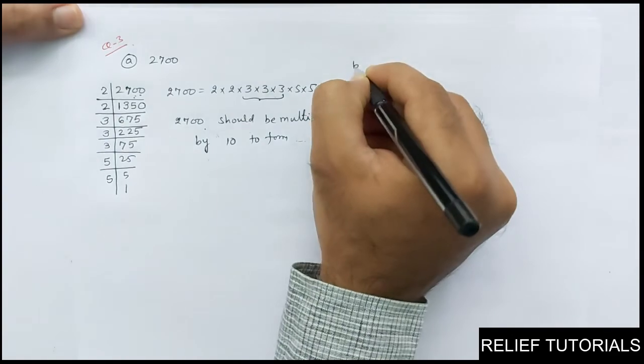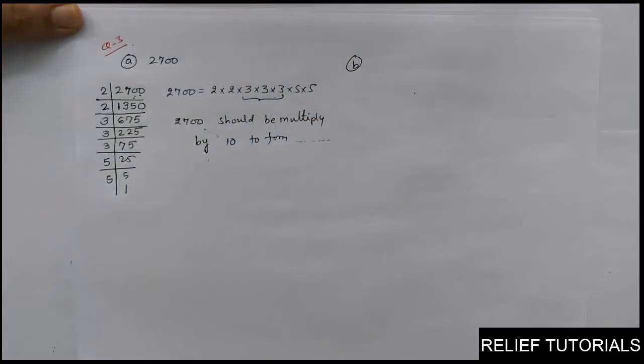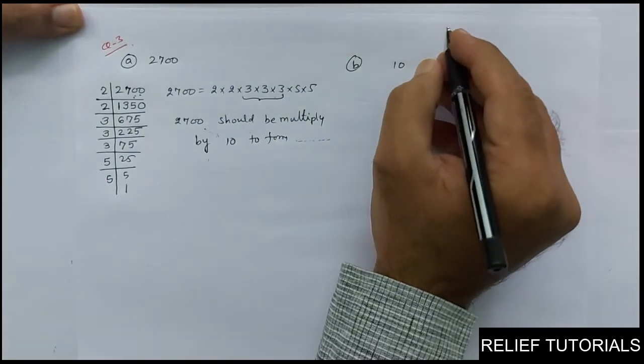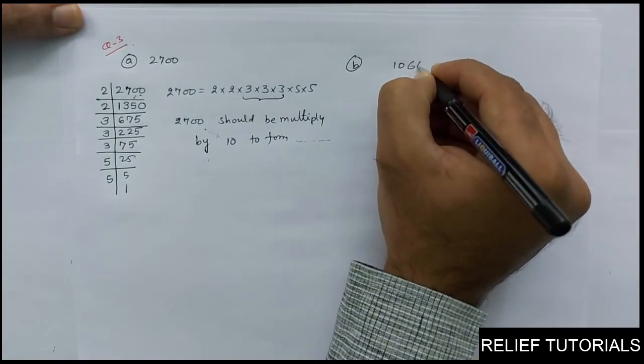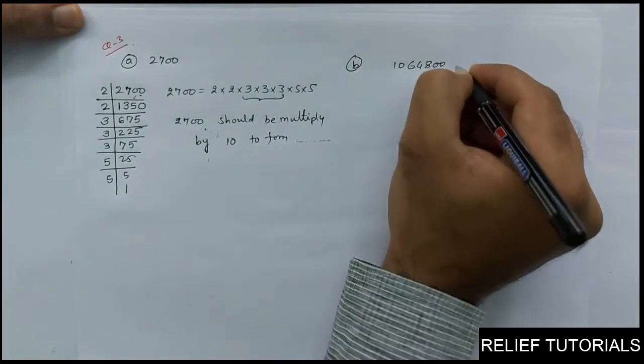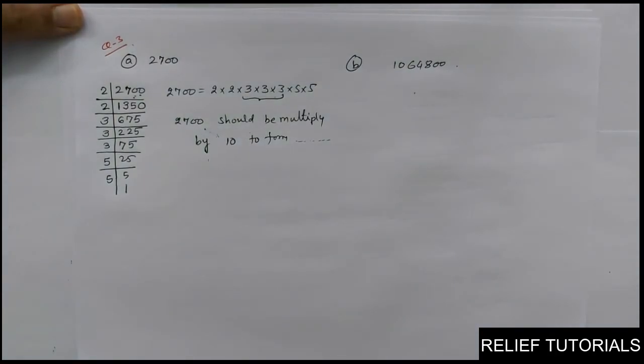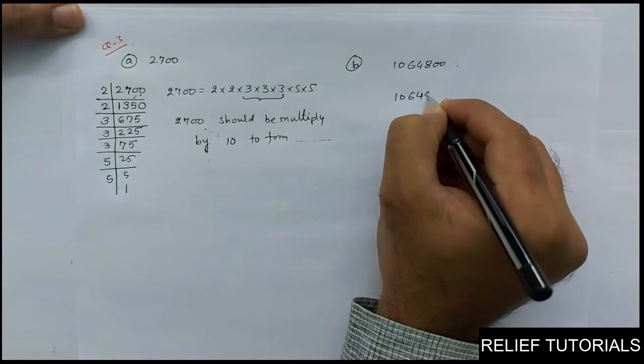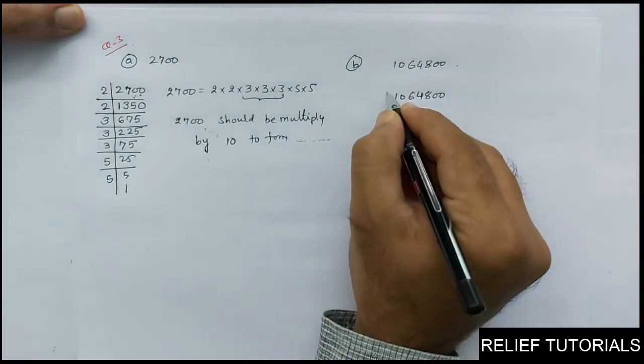Okay, B, the large number here is 106800.